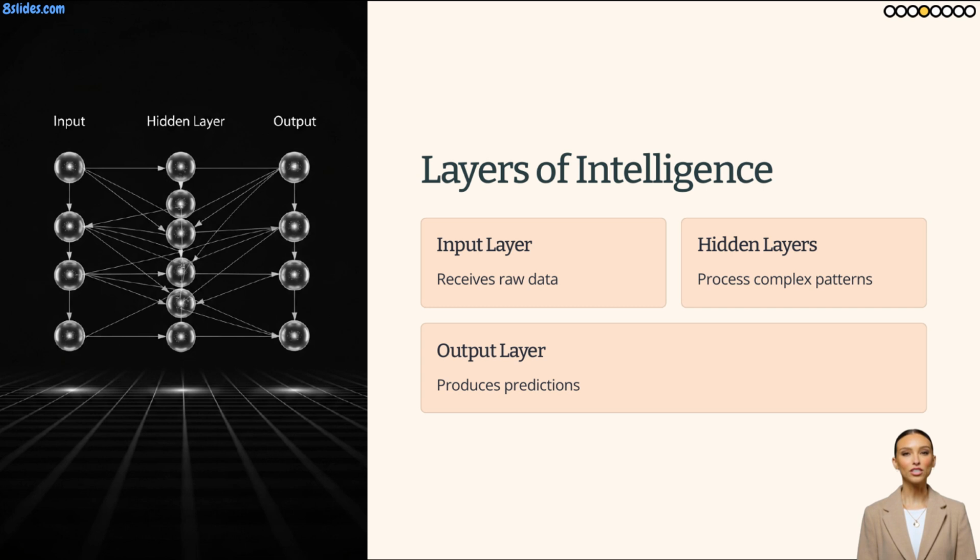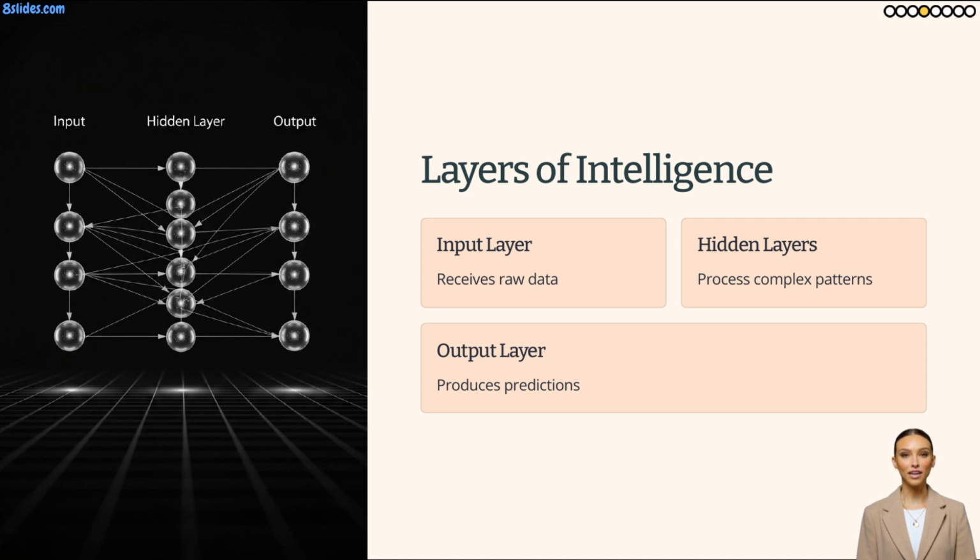Neural networks aren't just a jumble of neurons. They're organized into layers. First, we have the input layer, which is where the raw data enters, like pixels in an image or words in a sentence. Then, we have one or more hidden layers. These are the thinking layers where the magic happens, processing the data and extracting complex patterns.